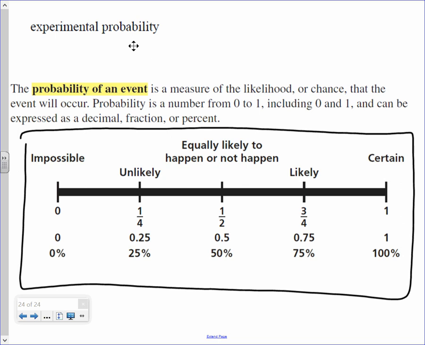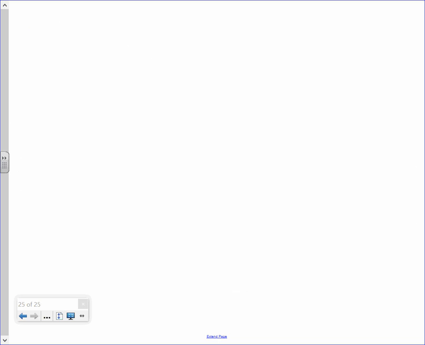Next word is theoretical probability. Here we go.